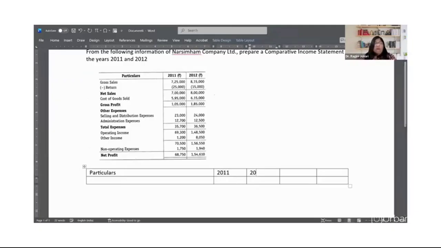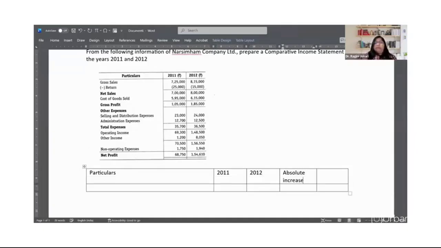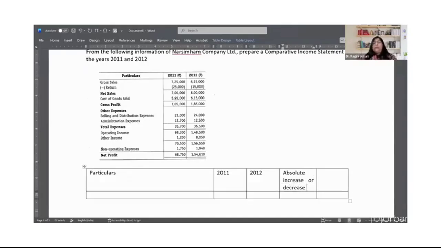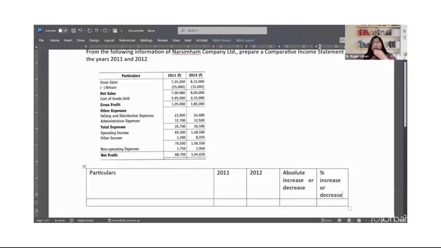Then 2012. Then we write the absolute increase or decrease in the values. And then in the last column, we write the percentage increase or decrease.